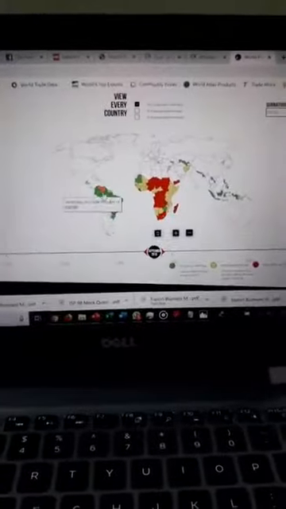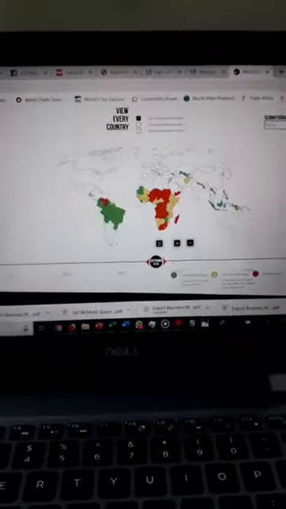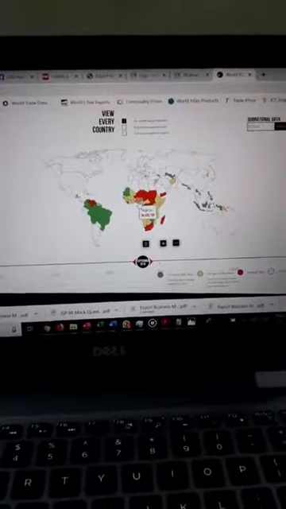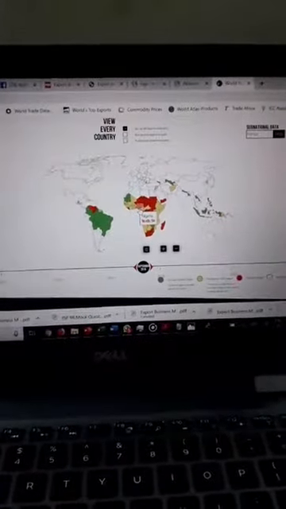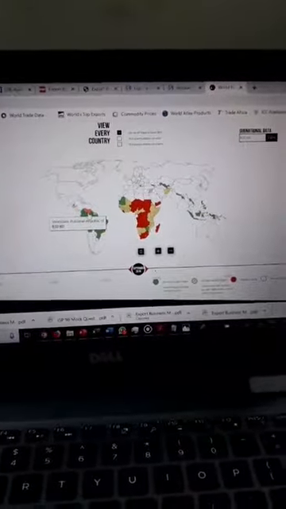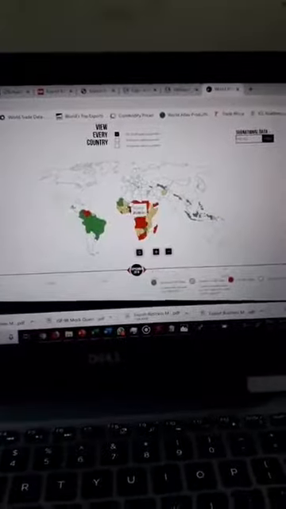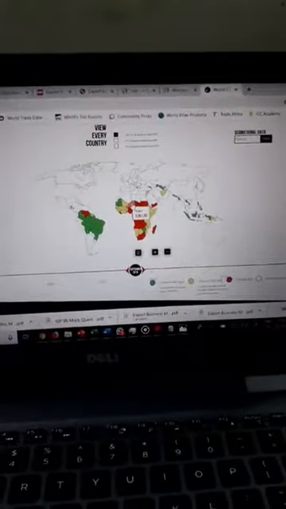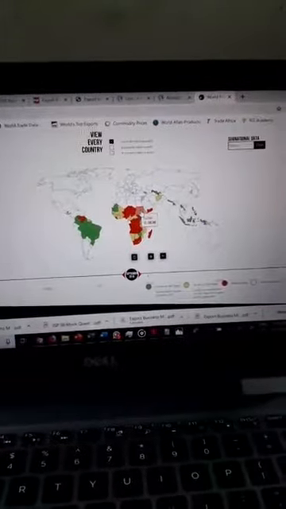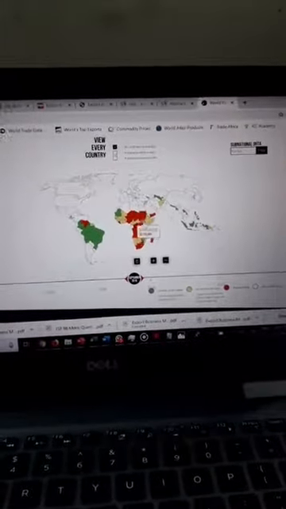You can see Venezuela there. You can see Liberia. Nigeria, 94 million people in extreme poverty. Liberia, 2.4 million. Venezuela, 9.3 million. Niger, 13.6 million. Chad, 5.4 million. Sudan, 12.1 million.